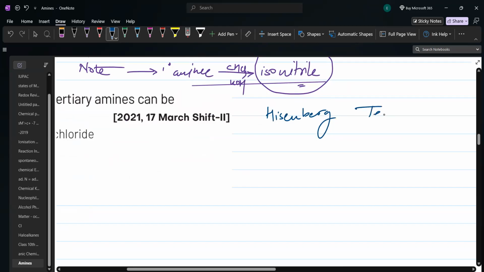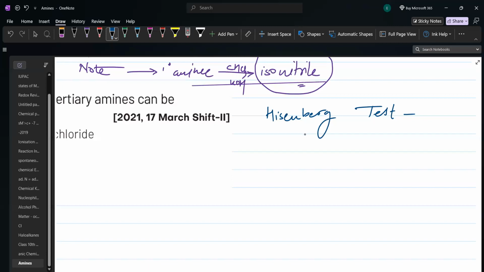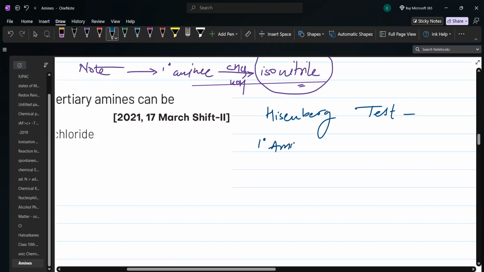This test is useful in this chapter only because this is for amine only. So we will differentiate between 1 degree amine, 2 degree amine, and 3 degree amine. Let me tell you, with 3 degree amine, Heisenberg test doesn't give anything. No reaction takes place.